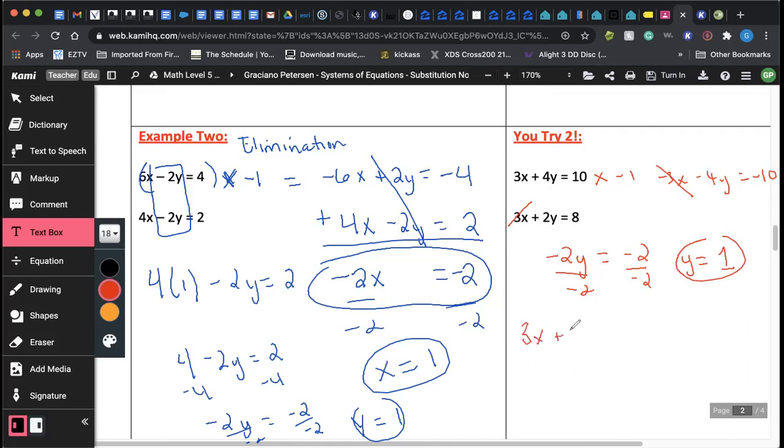All right, and what did you get for your value for x? You need to solve for it.